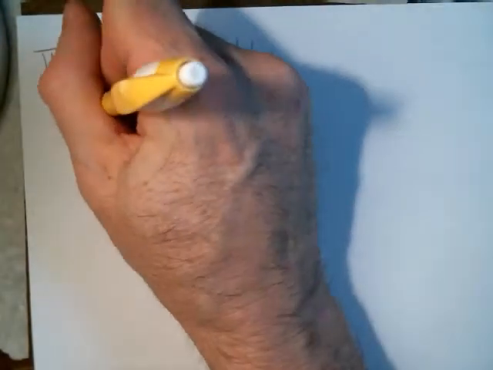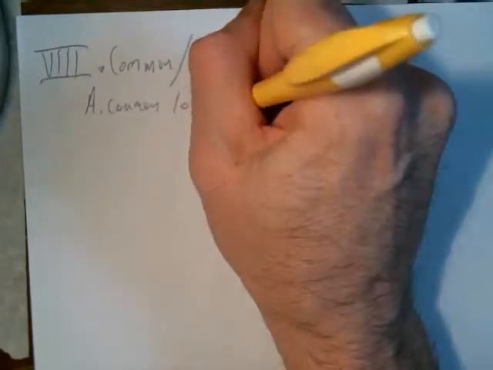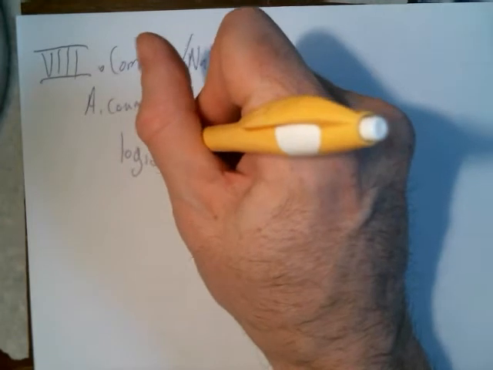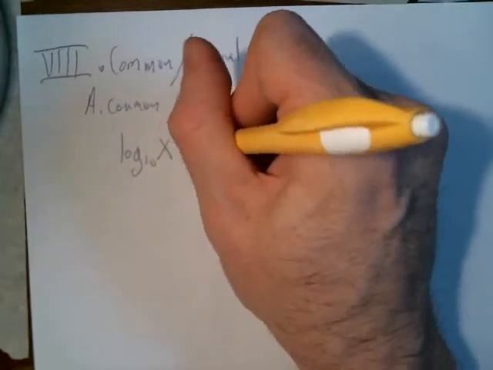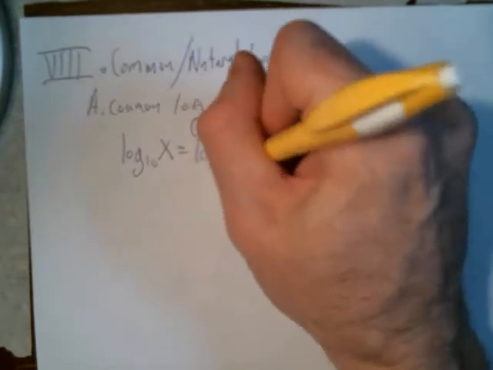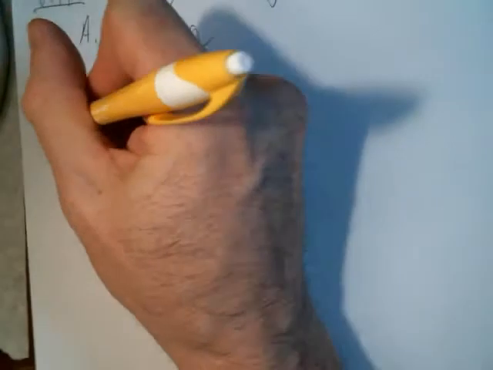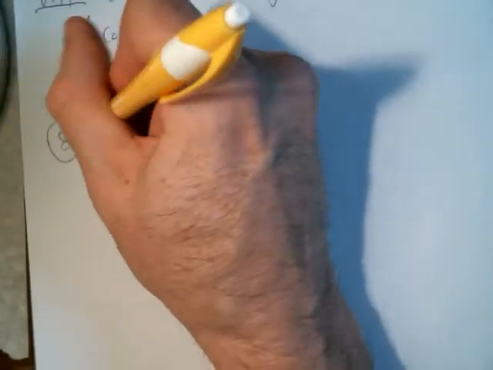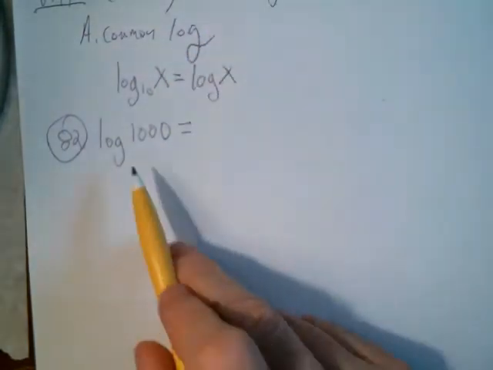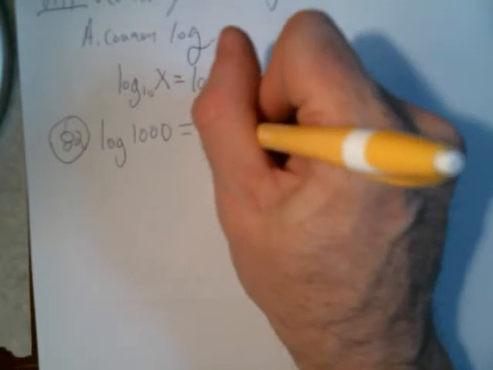So the common log, first off, is log base 10, like 10 counting fingers. We will not write it with the base. We'll just write log of x. That's how common it is. So for example, 82, we have log of 1,000. And so you're asking yourself, 10 to what power is 1,000? And that, of course, is 3.